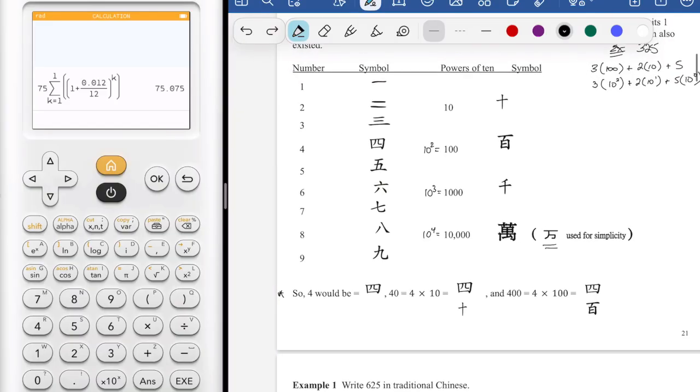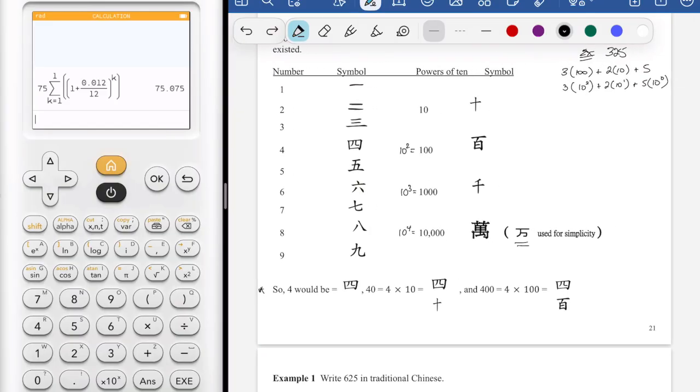Right. So when I was saying 10 to the 0th power, those would all correspond to that: anything to the 0th power, 10 to the 0th power, is 1. 1 times 1 is 1. 1 times 2 is 2. 1 times 3 is 3, and so on. Right. But then once we get to 10 and above, we have to incorporate those other powers of 10. All right, so when I look at 40, it's a product of 4 and 10. So I just use the symbol for 4 and the symbol for 10 in conjunction with one another.